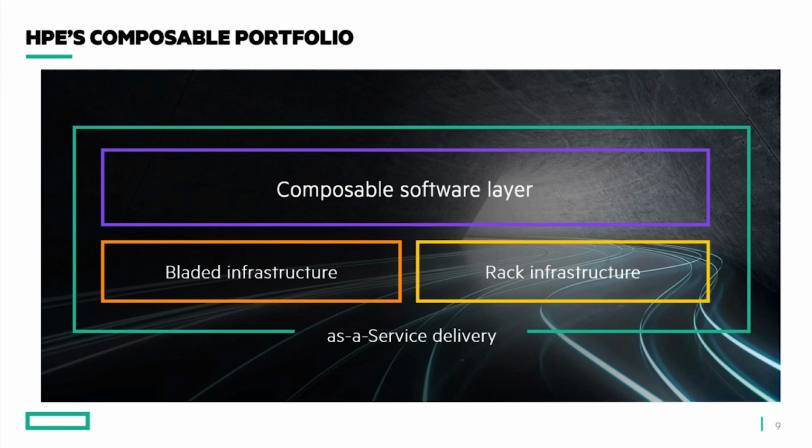We think it really opens up significant possibilities here. And of course, this can be delivered as a service with our GreenLake Flex capacity. So you can buy either blades or racks now with composable capabilities, either as your on-premises infrastructure through the normal purchase process, or you can buy it as a service through consumption of GreenLake Flex capacity.